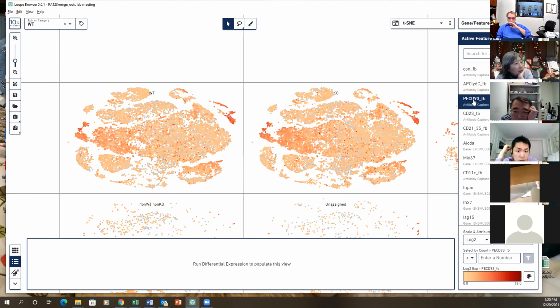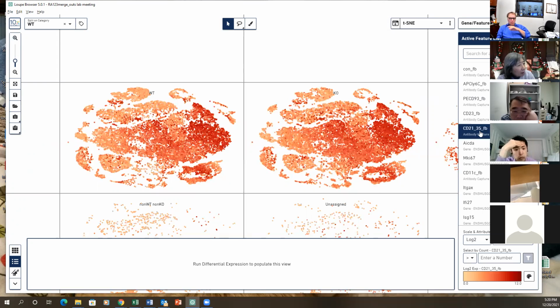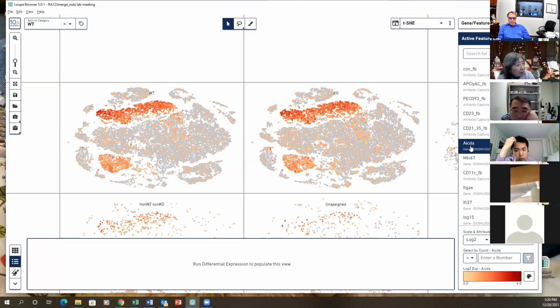CD93. It's a lot here. CD23, we kind of know. And CD21, that's quite a lot. Keep going. Here's AID. It looks so similar, like a mirror image.